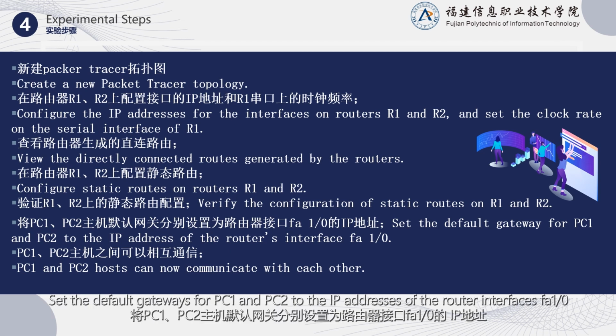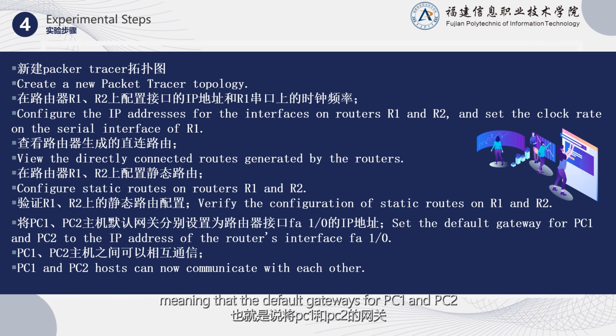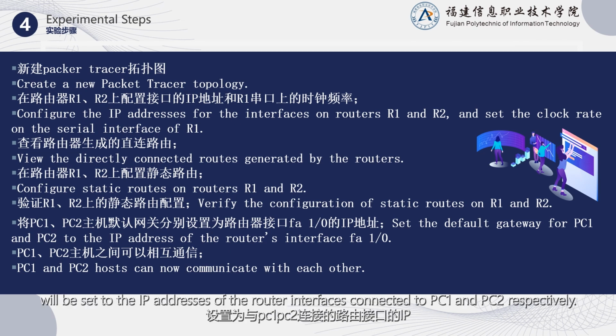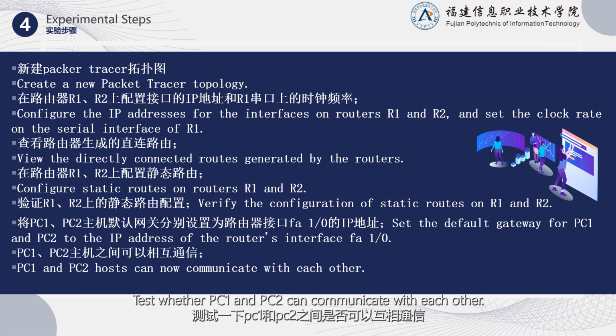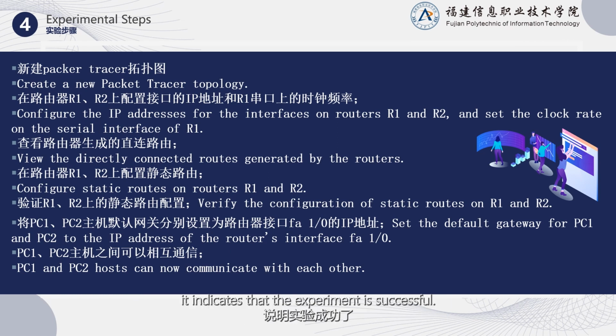Set the default gateways for PC1 and PC2 to the IP addresses of the router interfaces FA1/0, meaning that the default gateways for PC1 and PC2 will be set to the IP addresses of the router interfaces connected to PC1 and PC2, respectively. Test whether PC1 and PC2 can communicate with each other. If they can, it indicates that the experiment is successful.